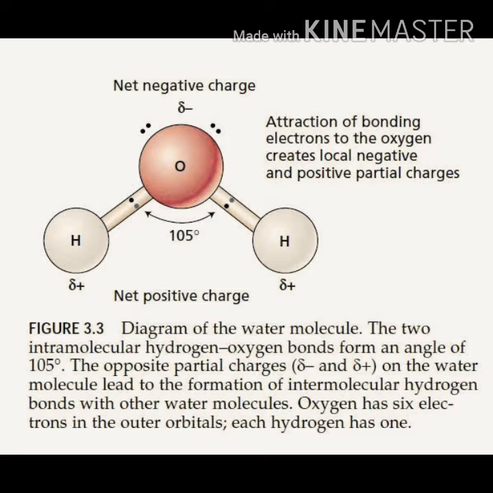The oxygen atom bears a partial negative charge. We depict the partial negative charge with the symbol delta, so it is delta negative, and each hydrogen carries a partial positive charge, that is delta positive. So delta negative on oxygen and delta positive, a partial positive charge, on hydrogen. The resulting electrostatic attraction between the oxygen atom of one water molecule and the hydrogen of another water molecule constitutes a hydrogen bond.